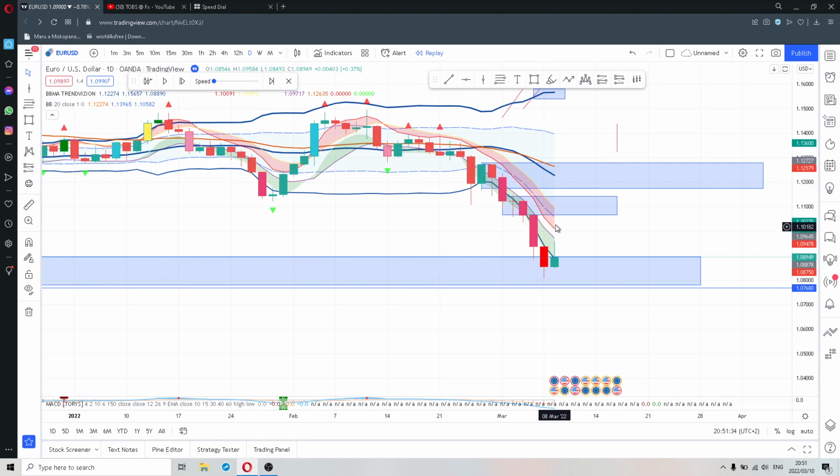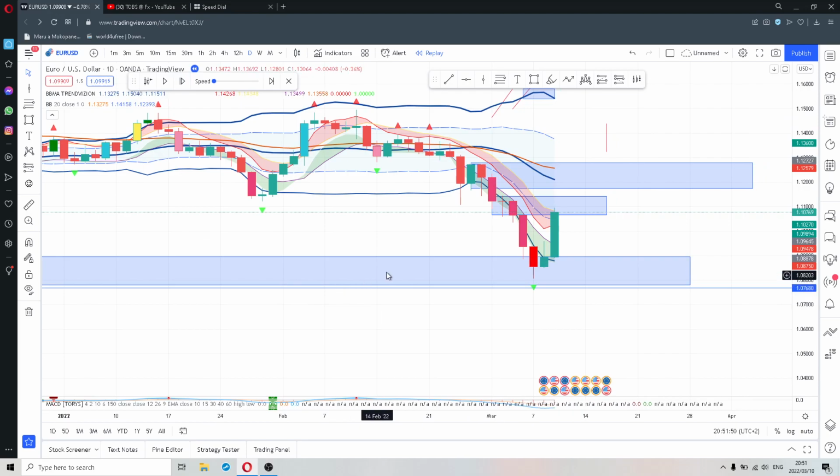Now we want to see the price touch this zone while it's still touching this area. That's what we want to see. Let's go and see one candle. The price touched the zone there and closed inside, not above your moving averages, the higher moving averages.